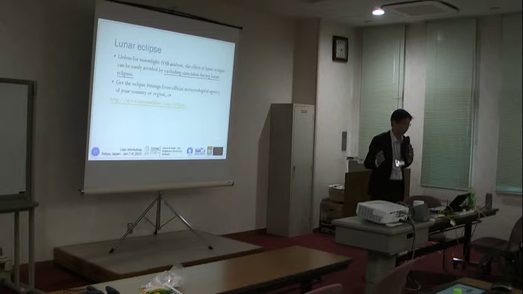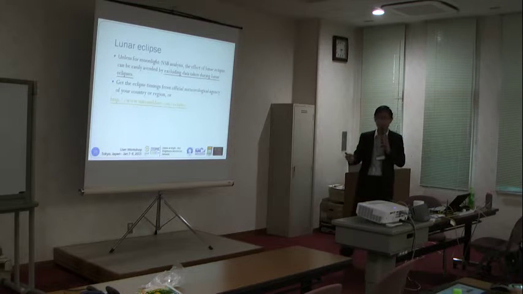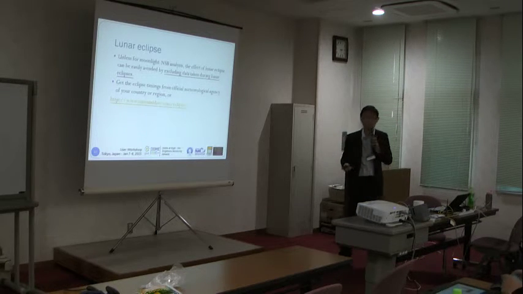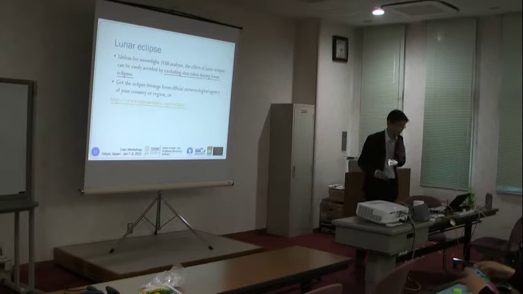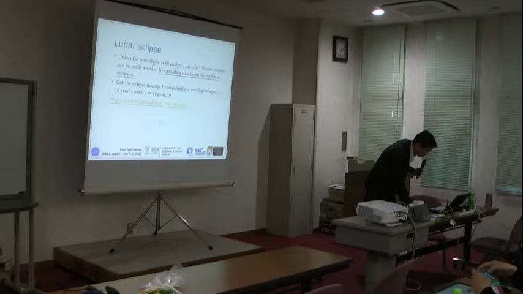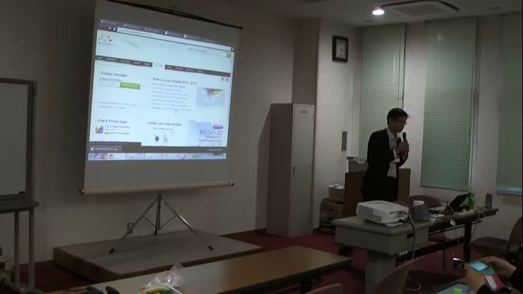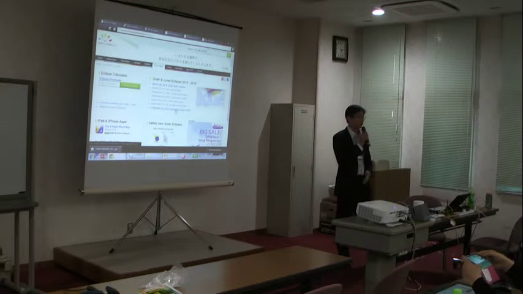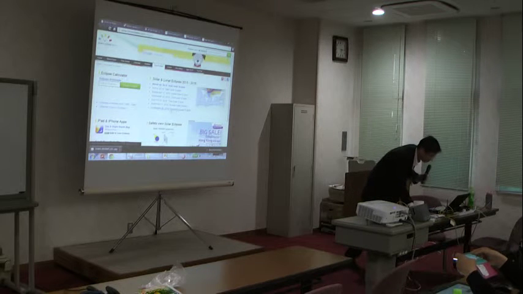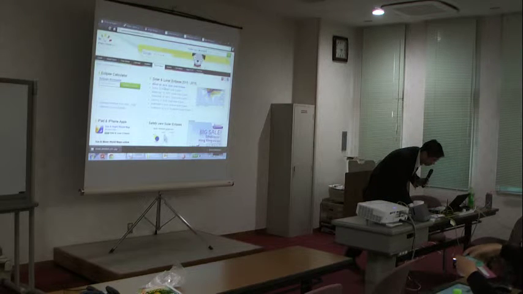So you can check the timing from your astronomy calendar or the website we saw, or the website here. Actually, eclipses do not happen so often, so you can check their occurrence like this.